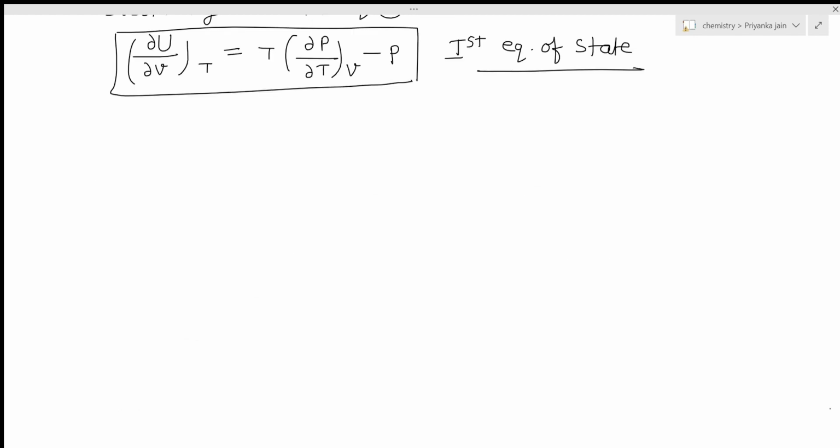Now see here, if we take an ideal gas, we know for an ideal gas PV is equal to nRT.